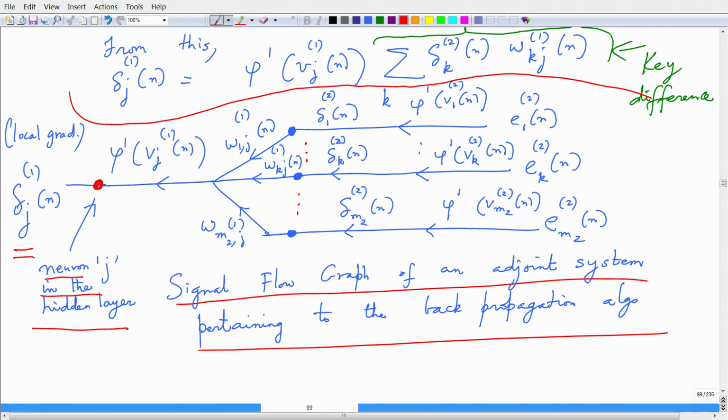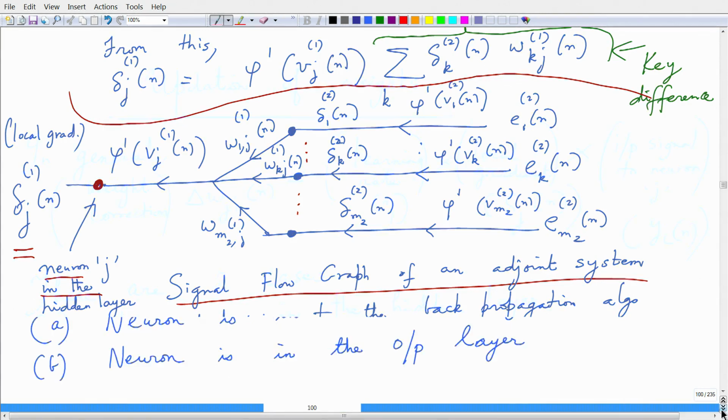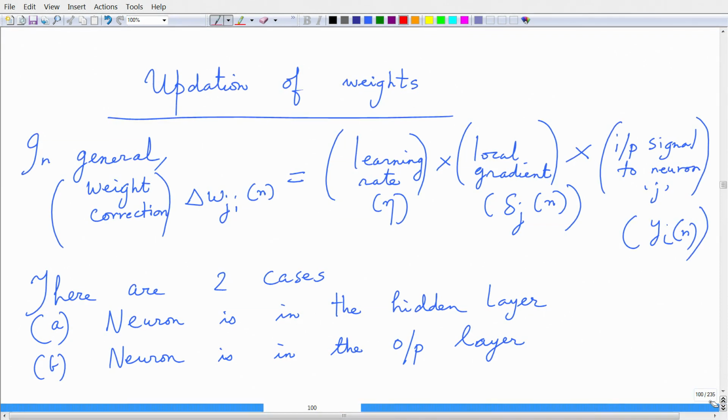I think with these tools in place, we can update the synaptic weights and then we can realize our learning update. Now, how is the update done for the weights?